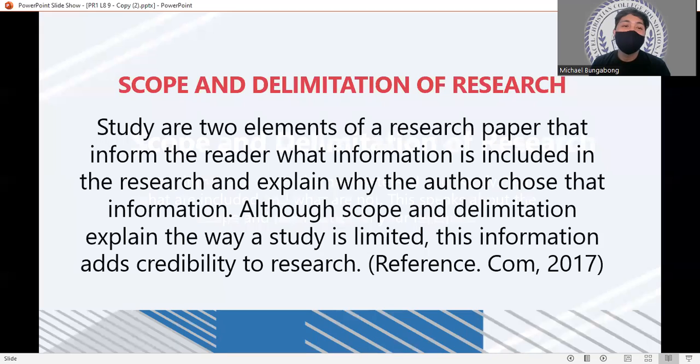Okay, so scope and delimitation of a research study are two elements of a research paper that inform the reader what information is included in the research, and of course explain why the author chose that information. So you are the author of your own research, and you are the one who has the power to choose certain boundaries.